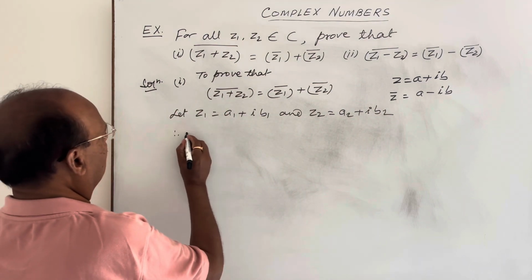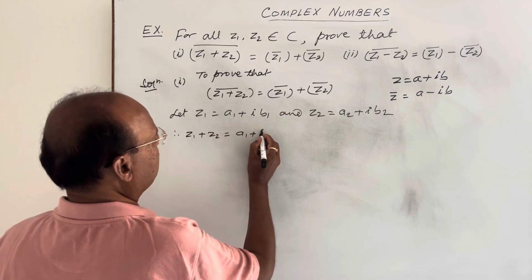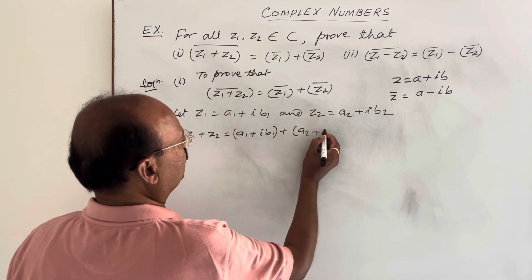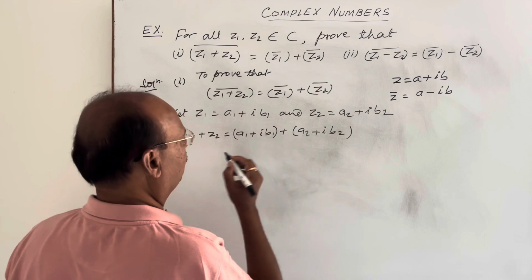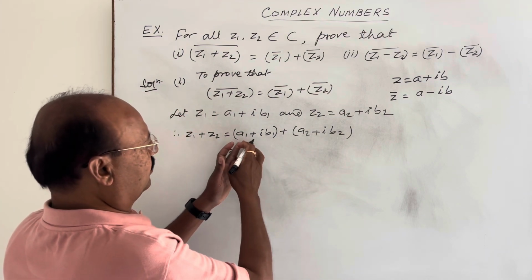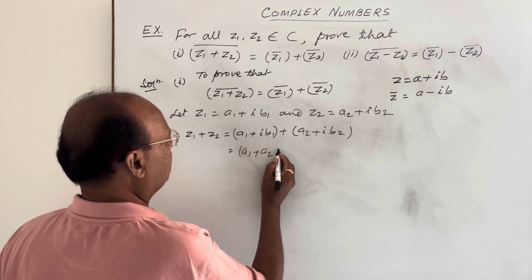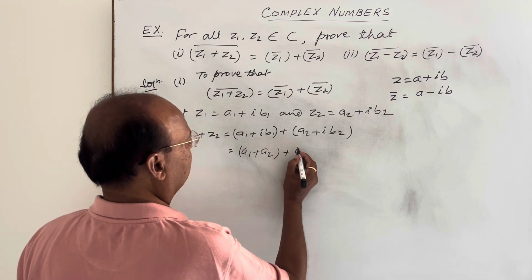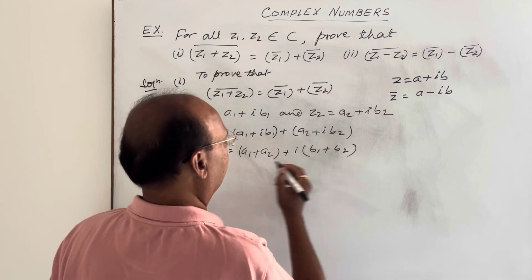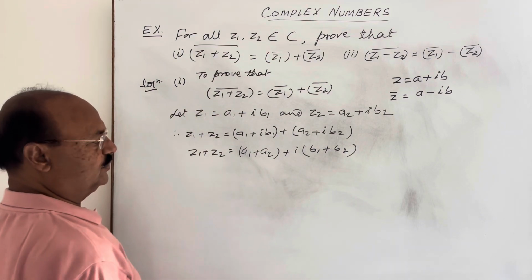So therefore Z1 plus Z2 is equal to A1 plus IB1 plus A2 plus IB2, and this is equal to, we will make a group of real numbers, A1 plus A2 here, plus the imaginary part, I into B1 plus B2. Correct? This is the value for Z1 plus Z2.